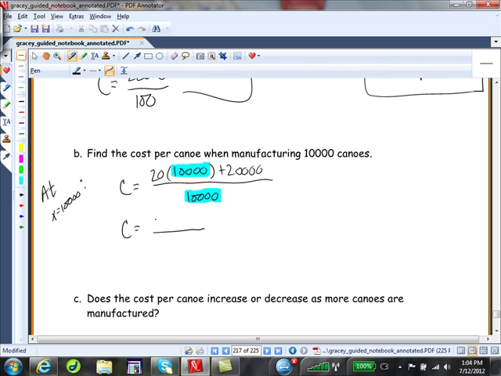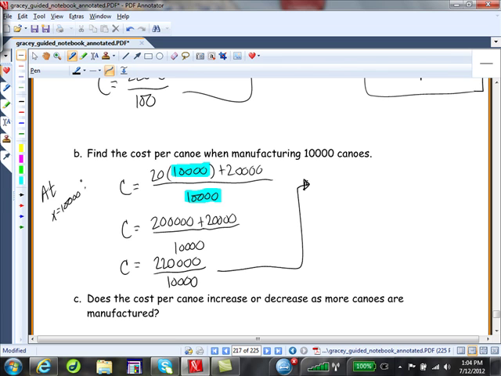A 2 with 1, 2, 3, 4, 5 zeros plus a 2 with 1, 2, 3, 4 zeros over 10,000. So that is good, 200,000. So we'll get 220,000 divided by 10,000, which gives us a result of 22.